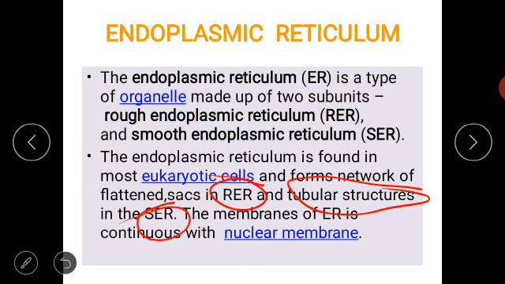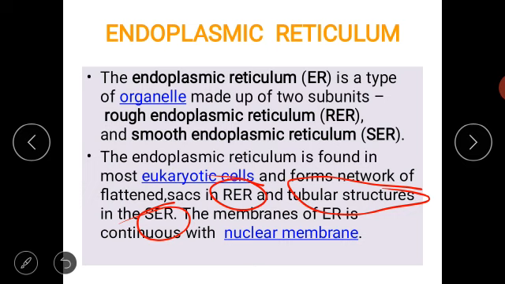Rough appearance is found in the rough endoplasmic reticulum because of the association of ribosomes with the endoplasmic reticulum. When ribosomes are associated with the endoplasmic reticulum, it is called rough endoplasmic reticulum, and its function is production of protein.